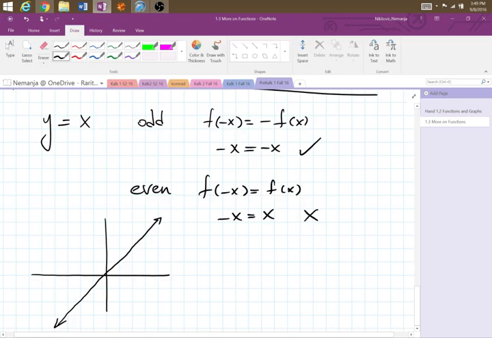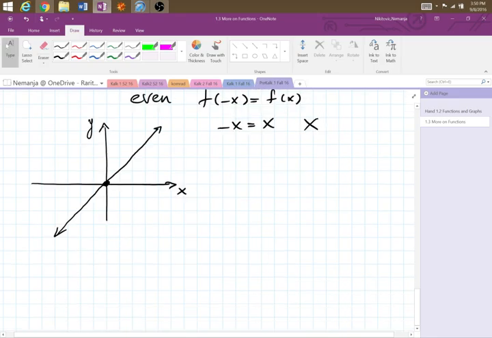For odd functions, we say there is the symmetry through the origin. Now I'll have to come up with more functions so you can see it, but it's symmetric to the origin, which means that the piece on the left of the 0, 0 and a piece on the right of the 0, 0 must look the same if they are reflected through the origin.